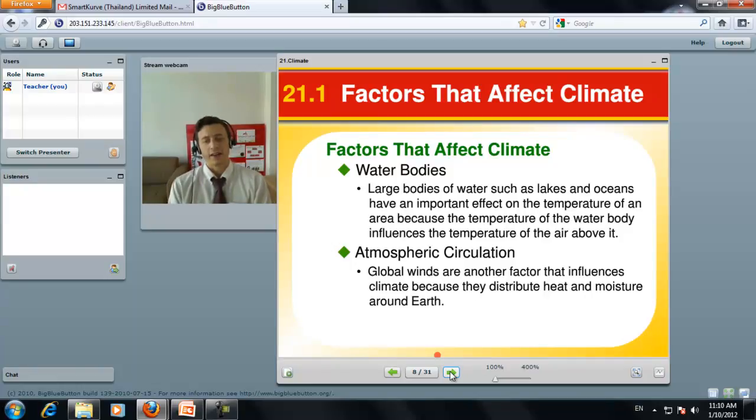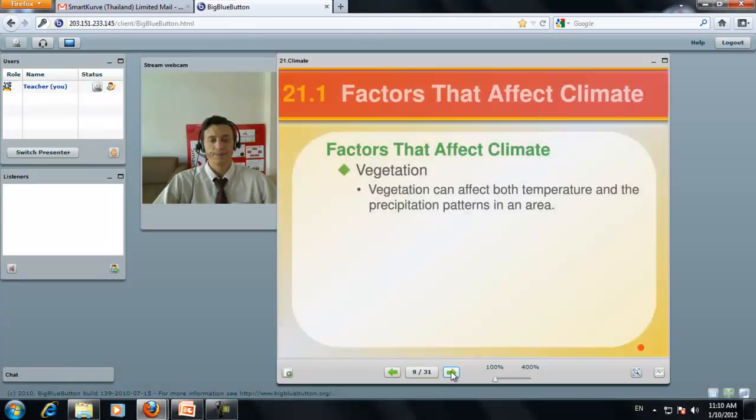The next factor, still here on slide 8, atmospheric circulation. Global winds are another factor that influences climate because they distribute heat and moisture around the earth. So just like the currents of water, the currents of air do the same thing, can bring heat energy around the planet.